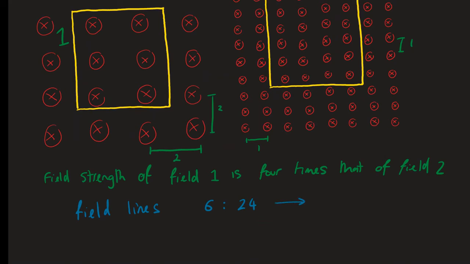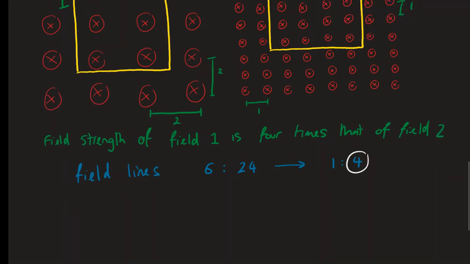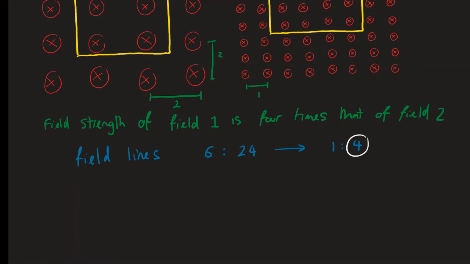If we simplify that ratio, it becomes 1 to 4. We should also write down the ratio of magnetic field strengths, which is 1 to 4.